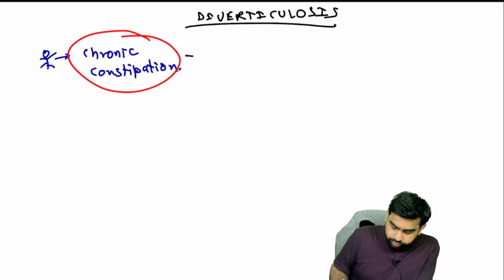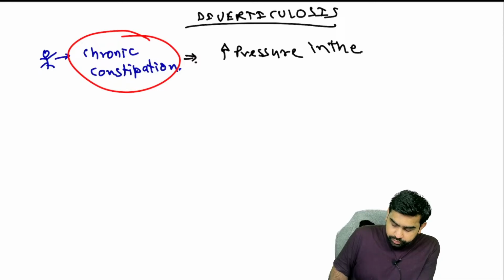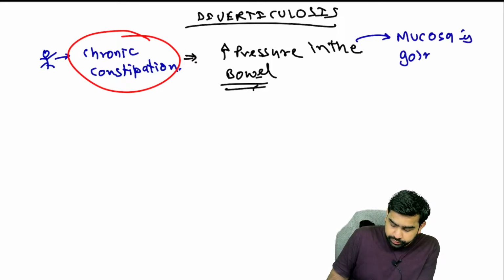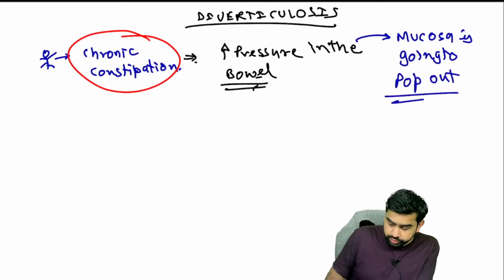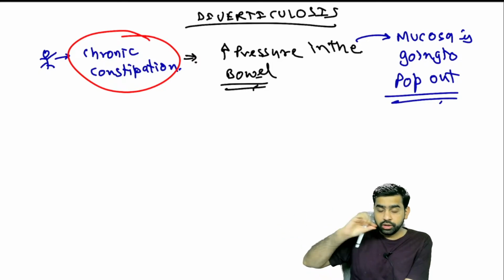Because of this chronic constipation, there is going to be an increase in the pressure in the bowel. Because of this, the mucosa is going to pop out.